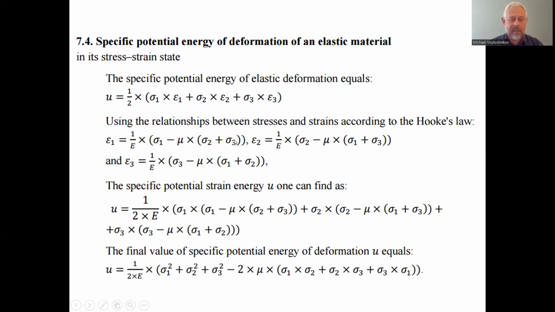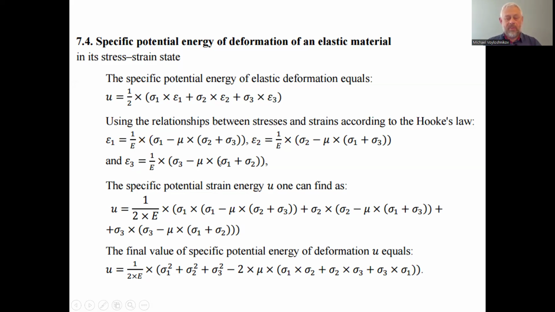got in the previous lesson 7.3, we had the dependencies of the deformations on the main normal stresses acting in the same direction as the deformation considered, and besides, accounted with the Poisson ratio, in the brackets the total of the normal stresses in two other directions applied.